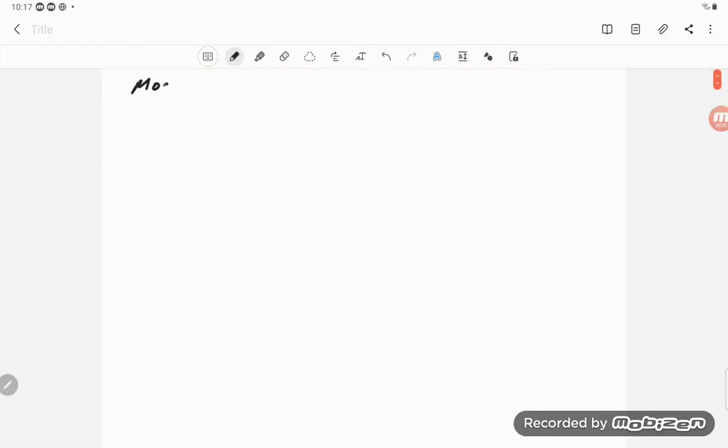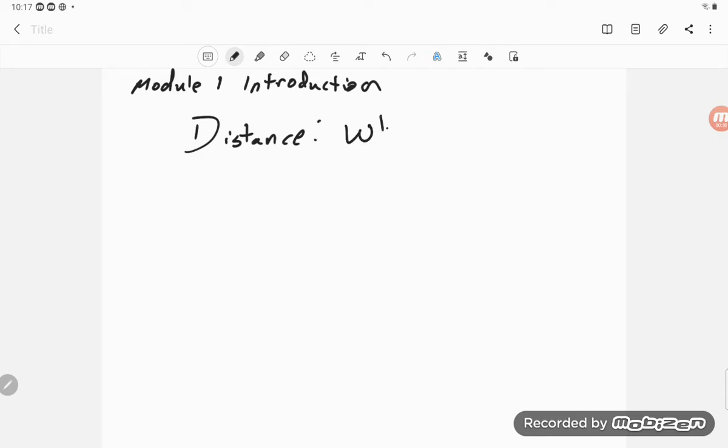Okay, here's our Module 1 introduction. And in Module 1, we're looking at distance. And just to show why, why is this complicated?